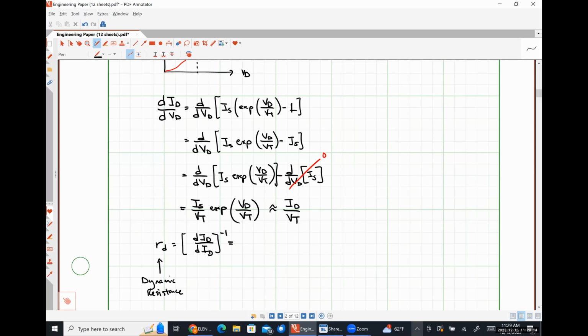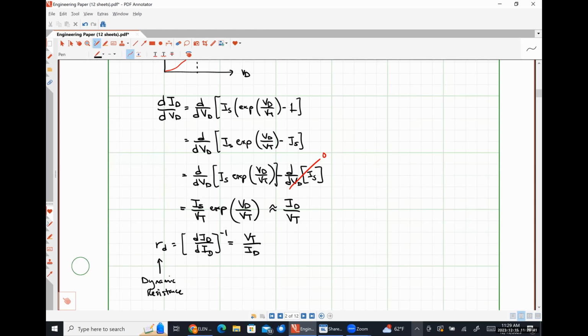So that's just going to be whatever our thermal voltage is, usually 26 millivolts, divided by our diode current. And so this dynamic resistance rd represents how the diode responds to small changes in its quiescent operating point.